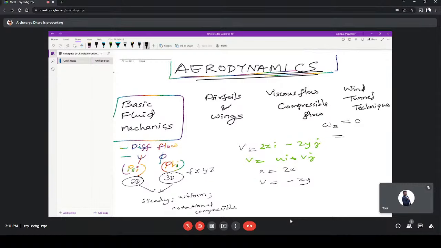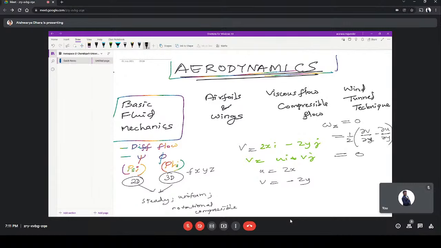The formula is half of dou v by dou x minus dou u by dou y. Once you partially differentiate with respect to these parameters, if it equals 0, then obviously it is proved to be irrotational.